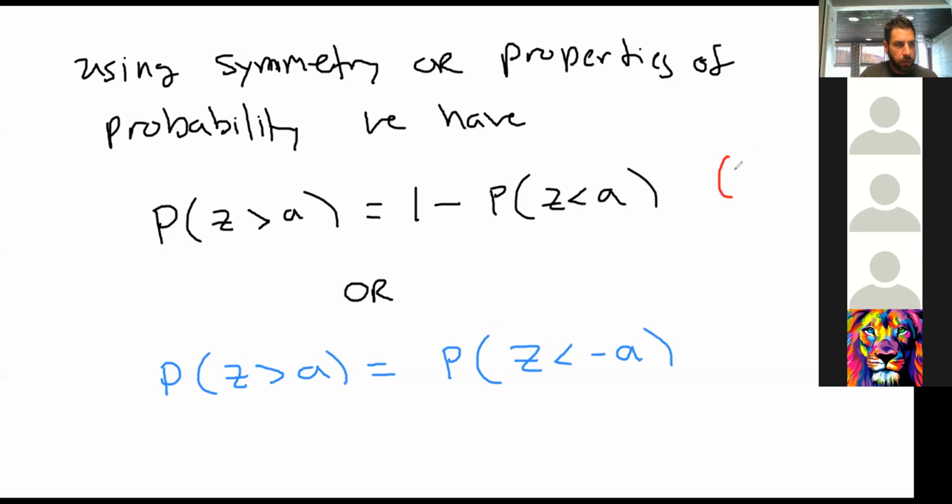So this is using the complement. And this is just using symmetry. On the next page, I'd like to draw that so you can understand what I mean.